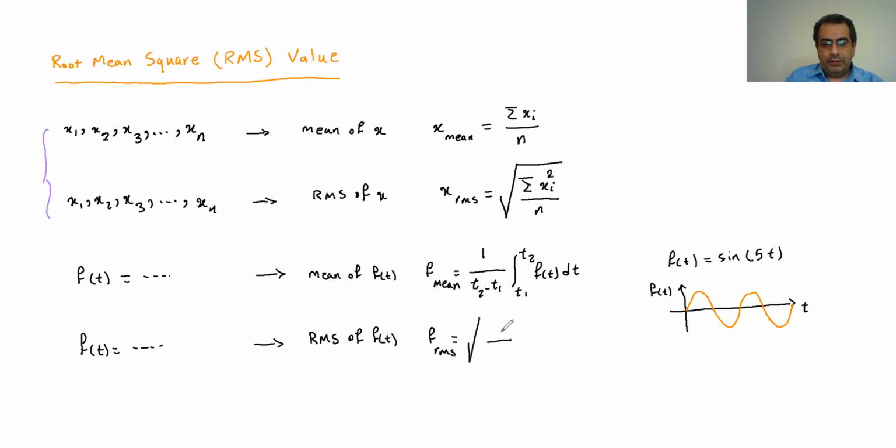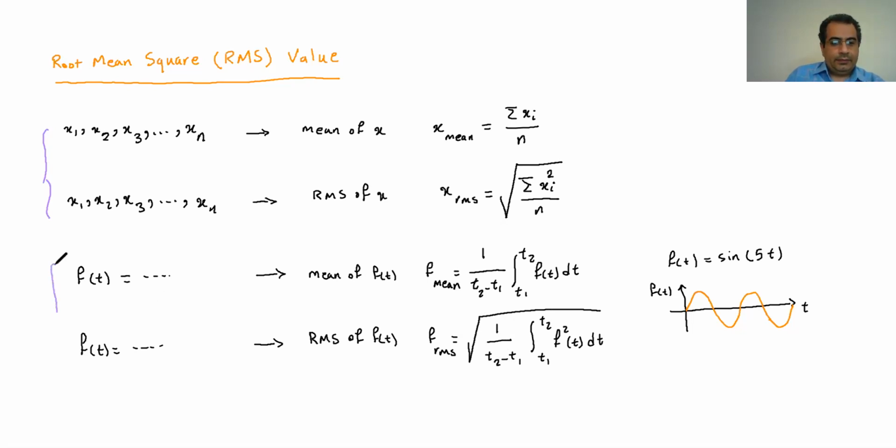It's going to be 1 over t2 minus t1, times the integration from t1 to t2 of f squared of t dt, all under a square root. So it's going to be the root mean square of that function. This is the second format that we have.